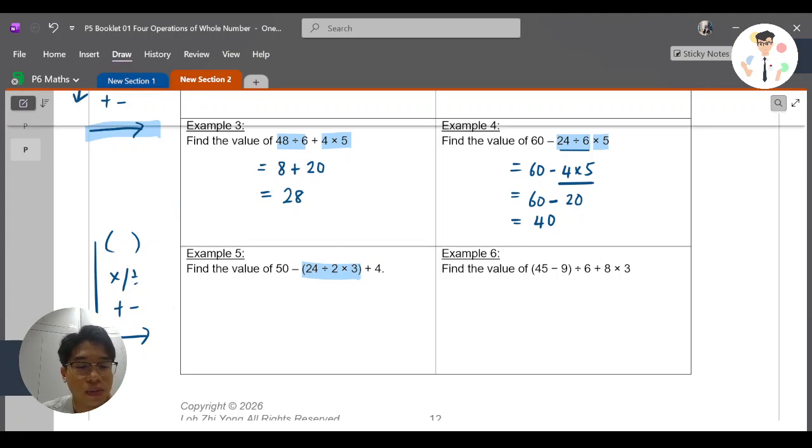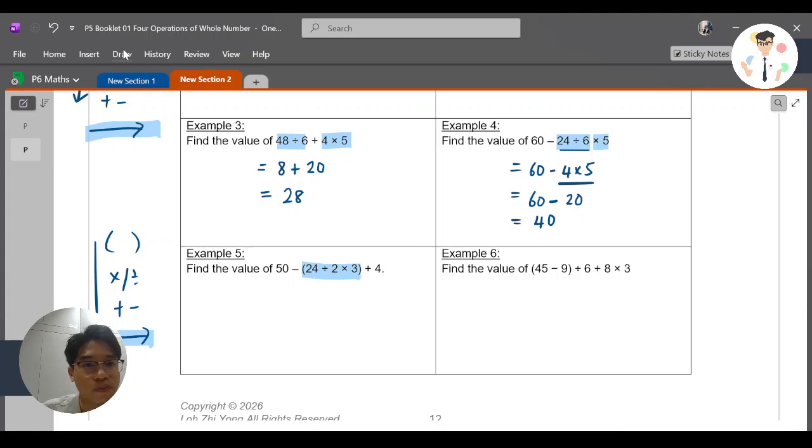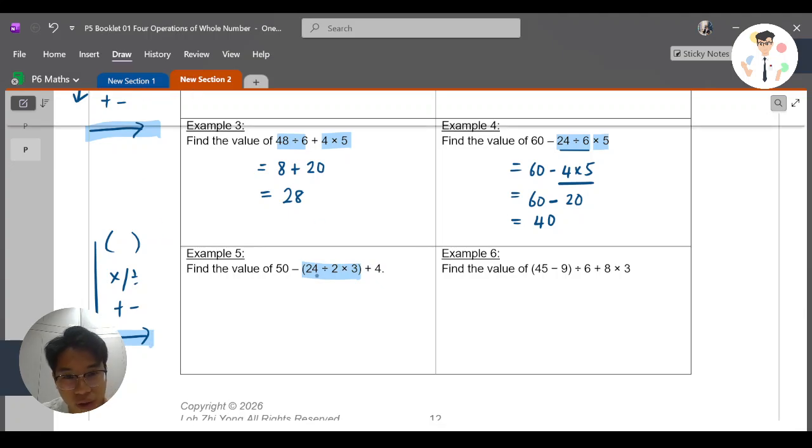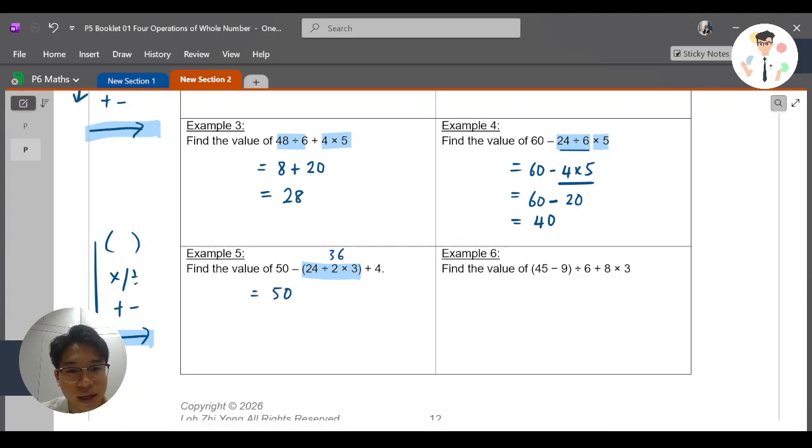Again, we must follow from left to right. So 24 divided by 2 is what? I know 24 divided by 2 is 12. And 12 times 3, that gives me what? 36. So I actually can straight away say it's 50 minus 36 plus 4. But teacher, just now have parenthesis.